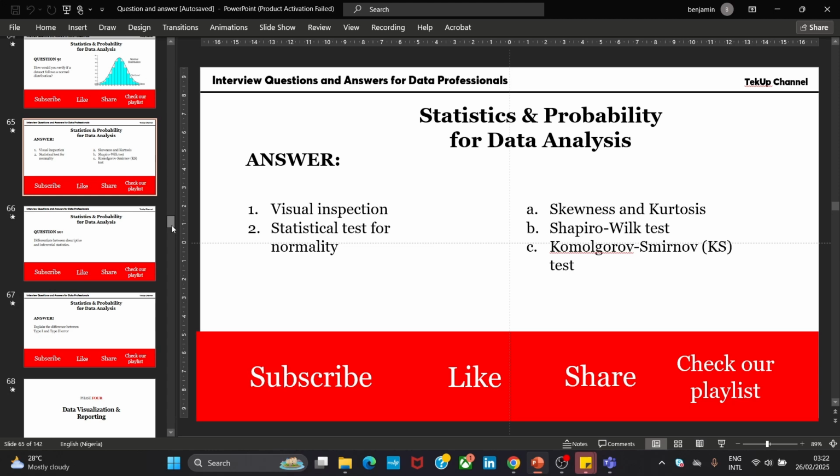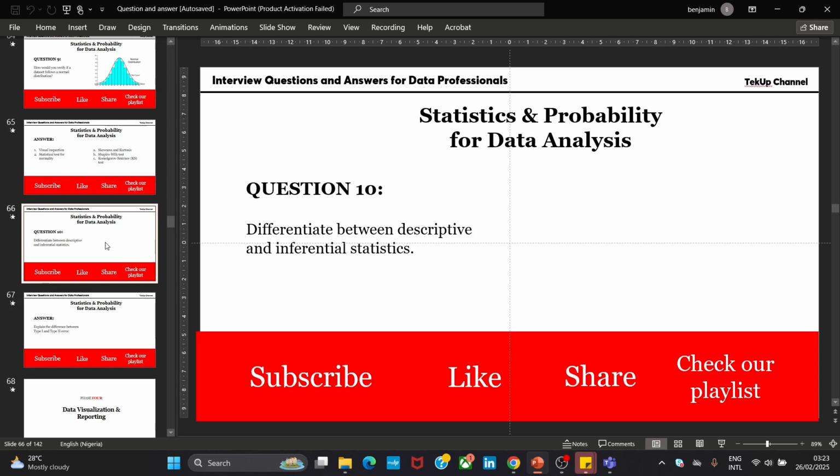For example, we have the skewness and kurtosis test, we have the Shapiro-Wilk test, and we have the Kolmogorov-Smirnov, which is called the KS test.